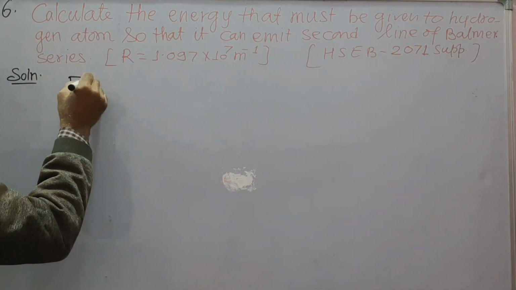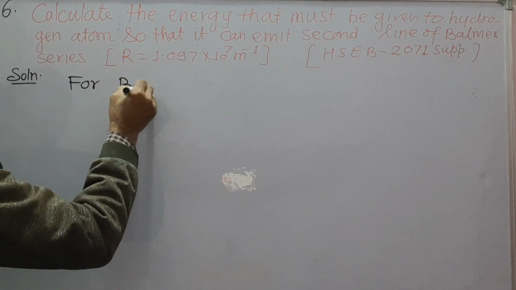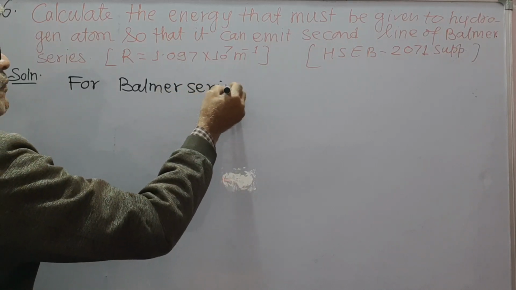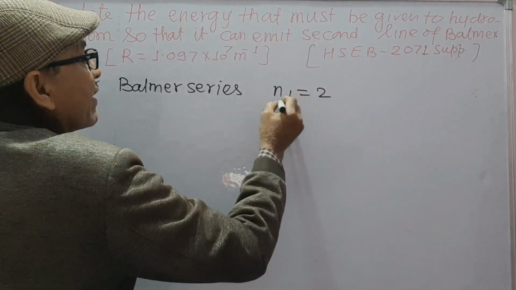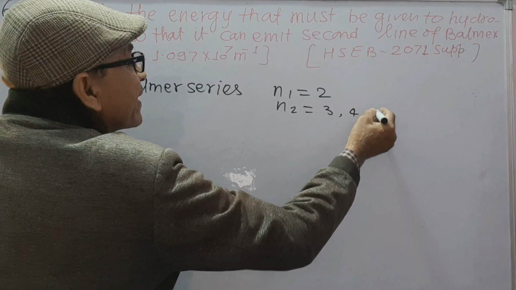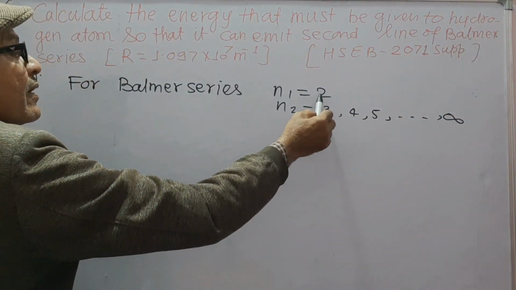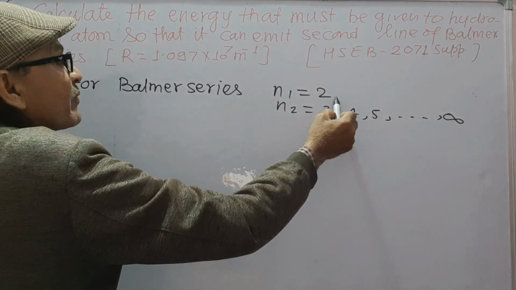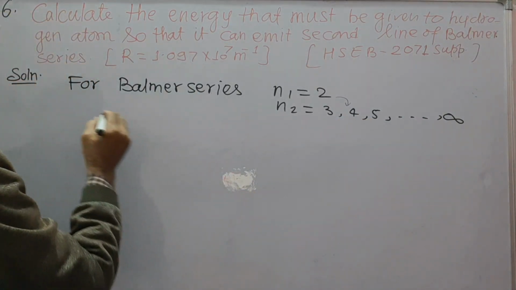For solution, for Balmer series, N1 is 2 and N2 is 3, 4, 5 dot dot infinity. So 2 to 3 will be first line and 2 to 4 will be second line. This will be the second line of Balmer series.